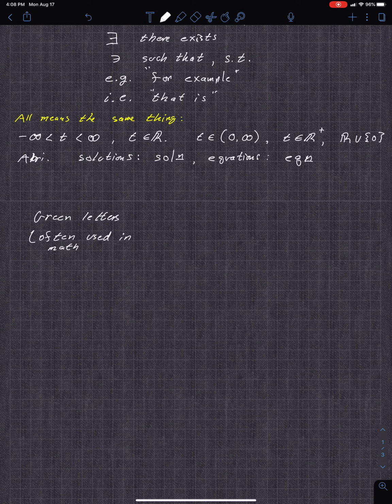These are the ones that come up enough, and I want to give you them right now. You have delta, capital and lowercase. That's delta. We use that. Obviously, you've seen pi before. Okay, so that's pi. Epsilon.